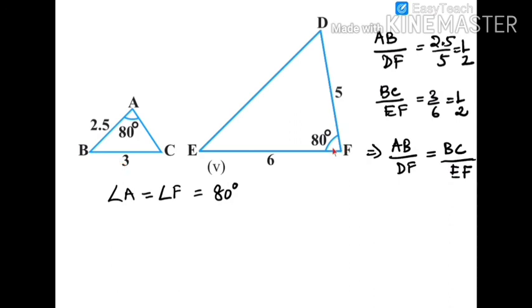In the second triangle, the corresponding angle is included between the corresponding sides that are proportional. So we cannot use any criteria to prove these two triangles similar. This implies that triangles are not similar.